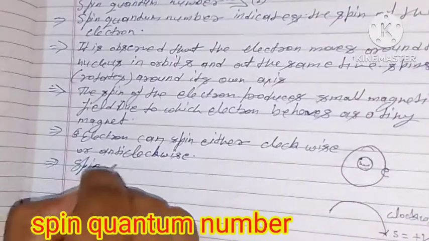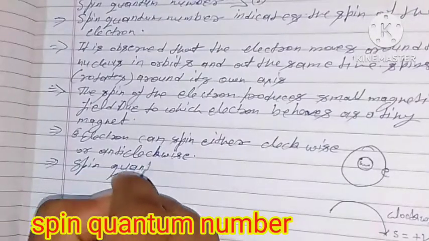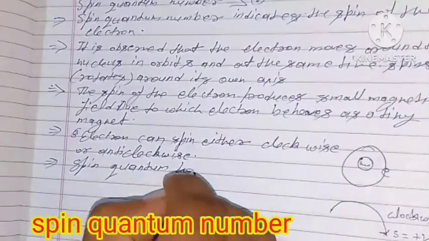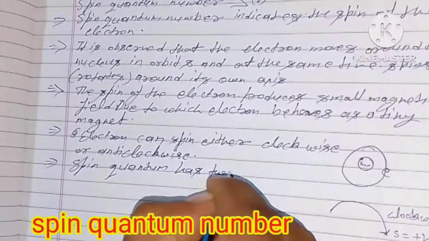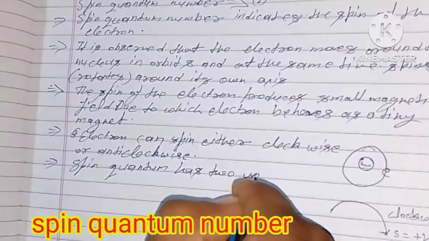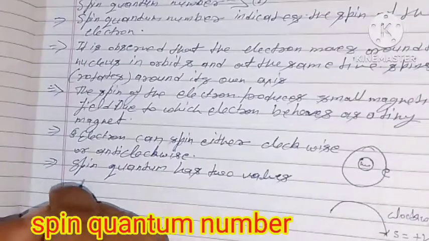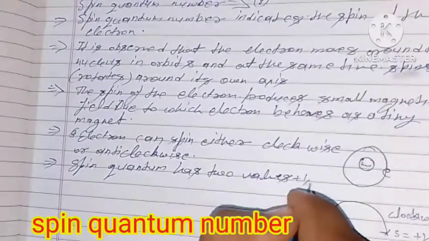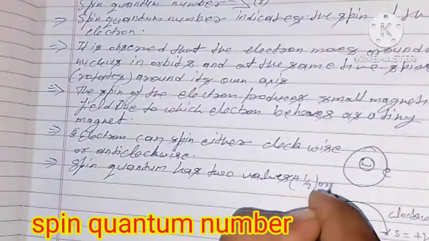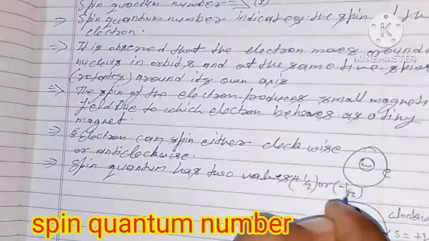Spin quantum number has two values, plus 1/2 or minus 1/2.